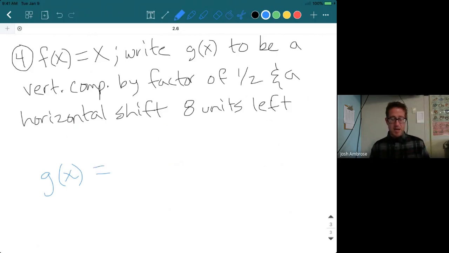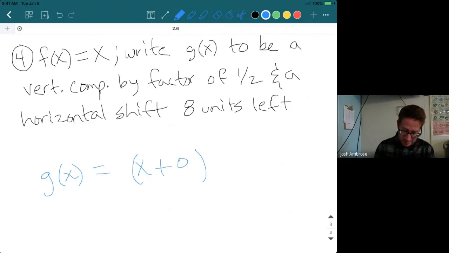All right, now a horizontal shift, that's our left and right. That means we have to take x and put it in parentheses. And if we go 8 units to the left, that means do the opposite and add 8 to x. Then the last piece here, they want a vertical compression by a factor of 1/2.